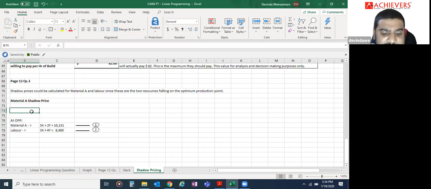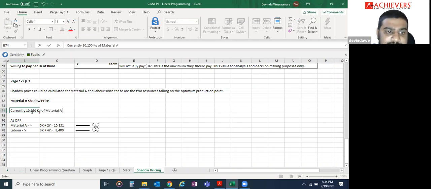Currently, 10,150 kilos of material A is available, which generated a total contribution of... when I had 10,150 kilos of material, how much contribution did I generate?